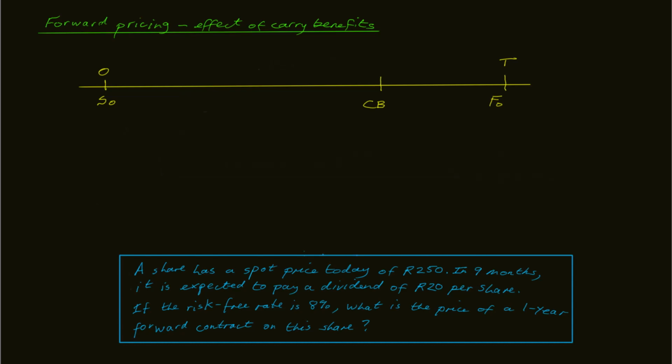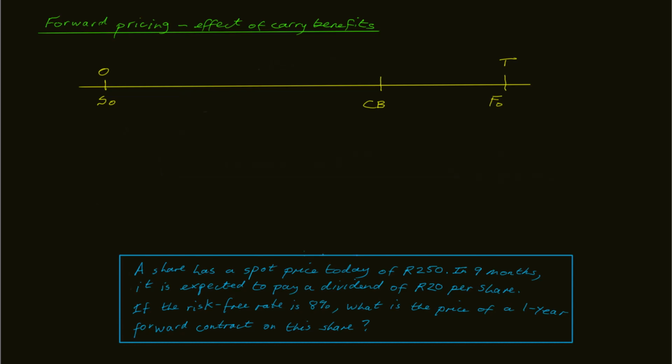I think that is best left for a separate video. At this stage, we are going to accept fairly uncritically that the carry benefit must be a negative, and we are going to use that principle in the example on the screen in front of you.